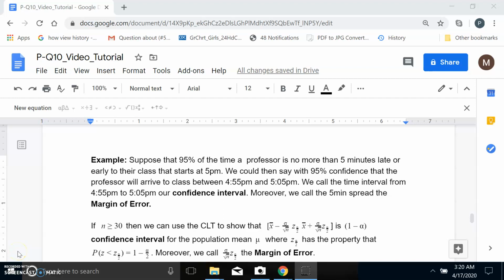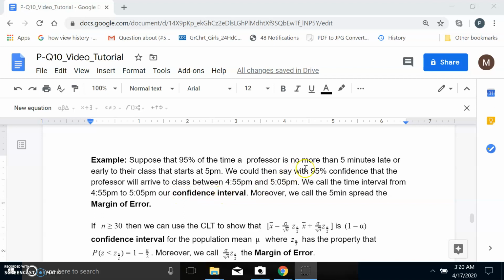Okay, let's do practice quiz 10, number 3. So let's look at an example first. Suppose that 95% of the time a professor is no more than 5 minutes late or early to their class that starts at 5 p.m. You could then say with 95% confidence that the professor will arrive to class between 4:55 p.m. and 5:05 p.m. We call the time interval from 4:55 to 5:05 our confidence interval.